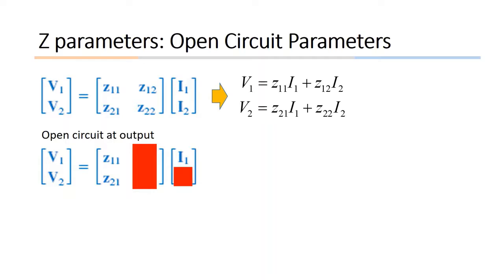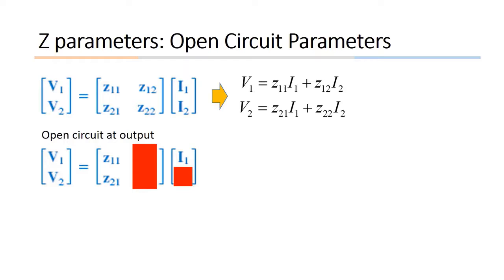When we let the output be open circuit, meaning that the current will be 0. So when current I2 is set to 0, my red box indicates the values are 0.